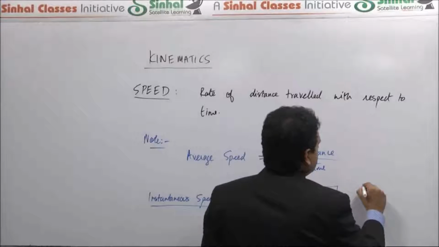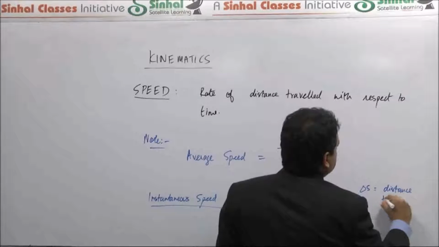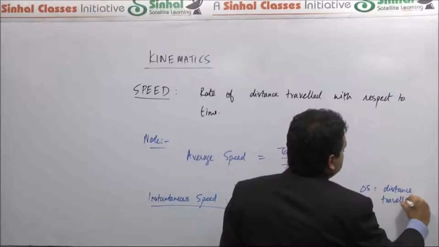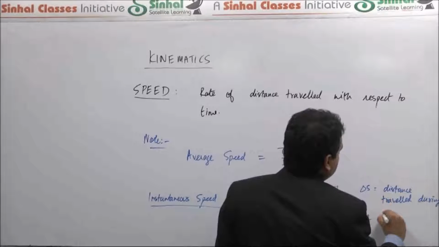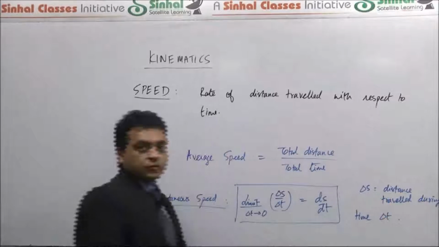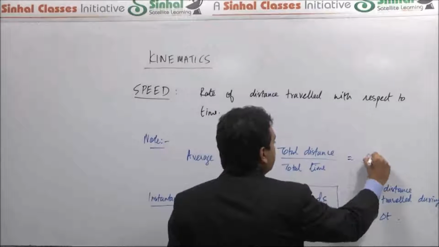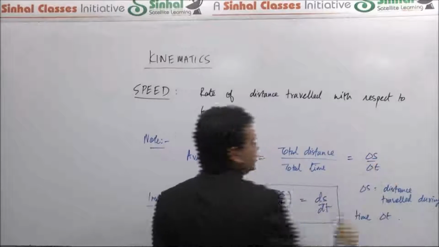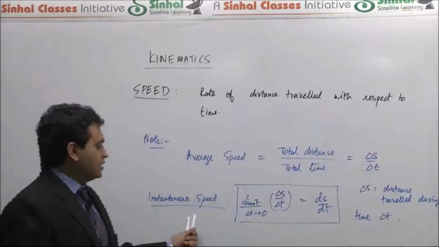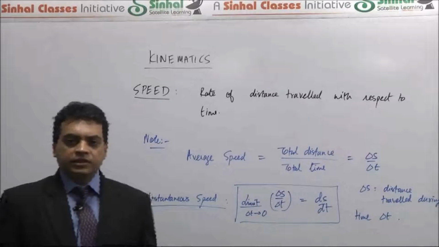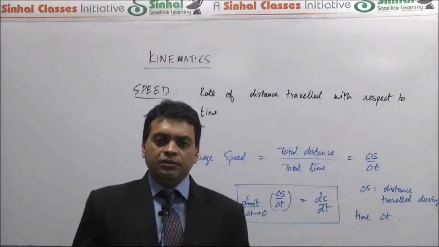So here delta s is the distance traveled during time delta t. Okay. So while we would define the average speed in an interval of time delta t as delta s by delta t, that is the average rate of change of distance with respect to time, we would define the instantaneous with a special condition that the rate of change we are discussing is during a very, very small, or what we call an infinitesimal, interval of time.